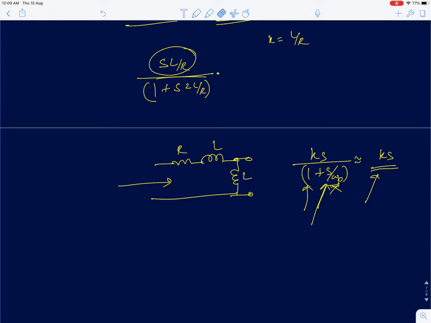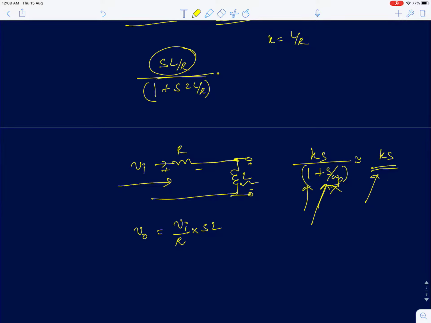Again, at low frequencies, when you have a series RL circuit, I can ignore the inductor because the resistor impedance will dominate. The circuit simply reduces to this. I can assume the voltage across the inductor to be very, very small, so Vi is entirely going to drop across R. So the current through R is going to be Vi by R. That current, when I multiply by the impedance of the inductance, which is SL, I am going to get V0.